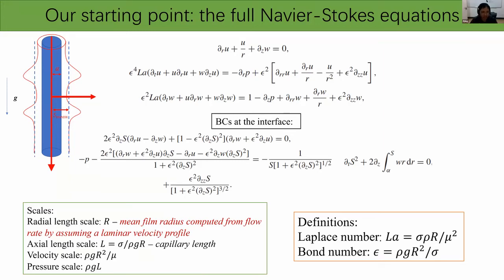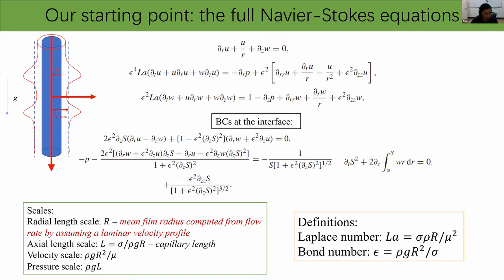We follow Crest and Mata and introduce two different length scales. One is the radial length scale, which is chosen to be the mean film radius computed from the flow rate by assuming a laminar velocity profile. And this flow rate is measured at a saturated state.